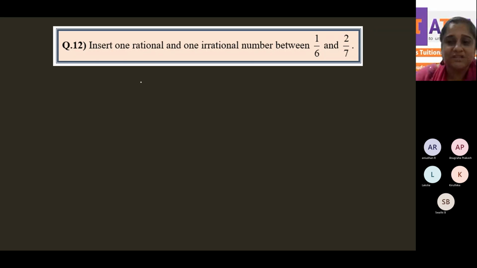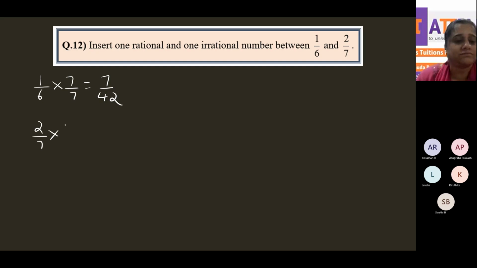Supposing we have to insert only one rational number between 1/6 and 2/7. Then you don't have to find the decimal value. We know two methods. 1/6 times 7/7 is 7/42, and 2/7 is 12/42.